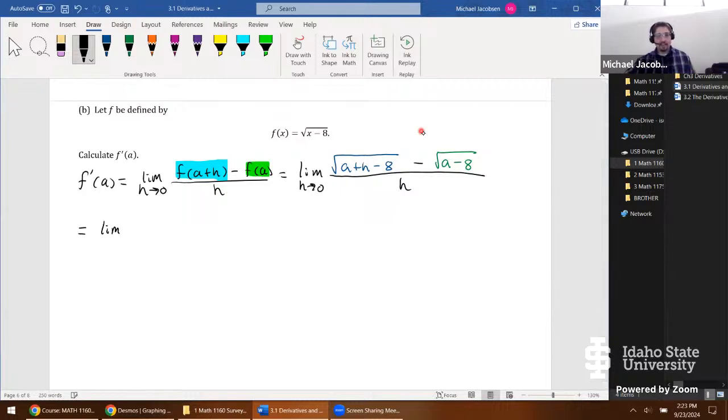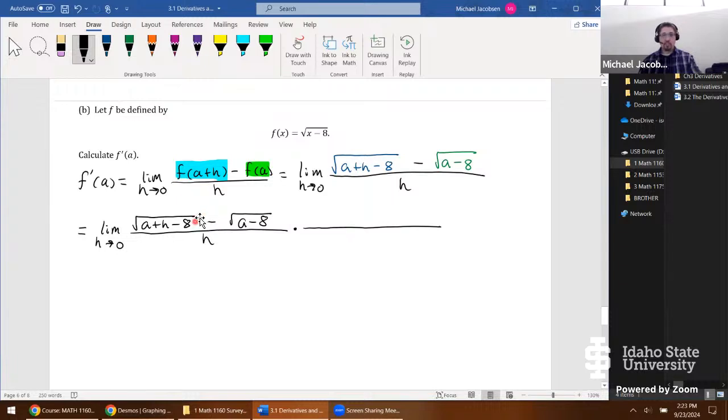So take the limit as h goes to 0. It's root a plus h minus 8 minus the root of a minus 8 divided by h. Now here we're multiplying by the conjugate. So all we do is copy in the numerator, but flip the sign right here in the middle that separates the roots.